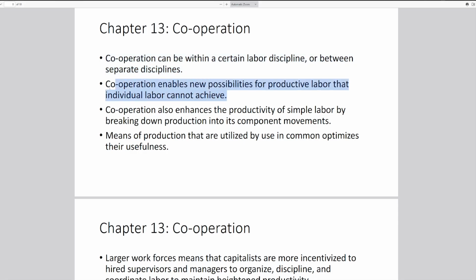You can also achieve things through cooperation that an individual laborer could not achieve. He gives the example, I think, of carrying bricks up a ladder. If you have one person carry bricks up the ladder, they have to grab one brick. I'm thinking like a cinder block, a big old brick. They grab a cinder block, climb up the ladder, put it up on the roof, climb back down, get another one, and so on.